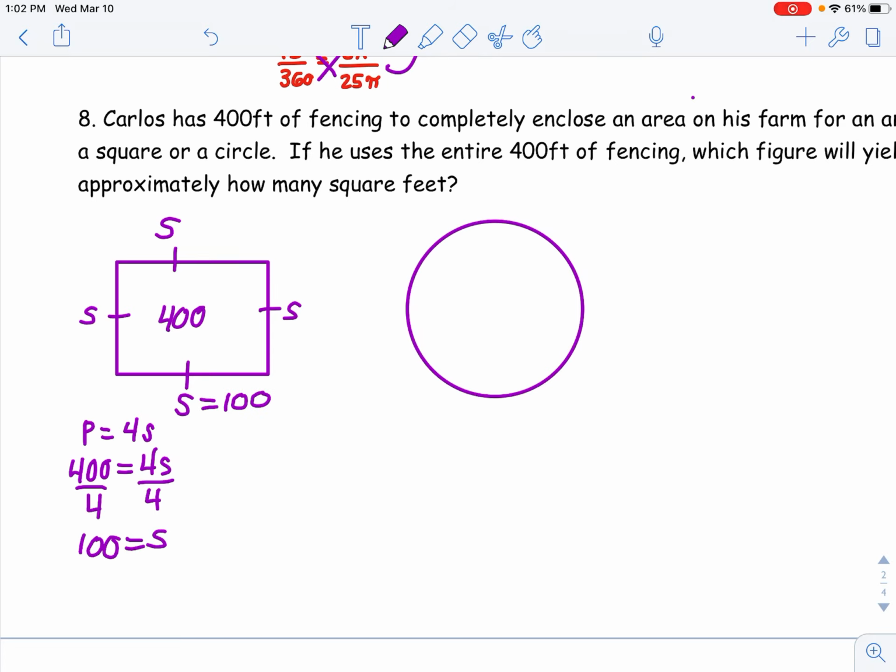So each side of this fence is 100. Then the area of a square is just side length squared. So it's going to be 100 squared, which is 10,000. So if he has 400 feet of fencing, he can make a square with an area of 10,000 square feet.